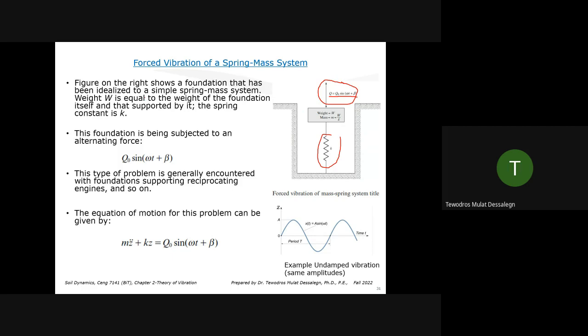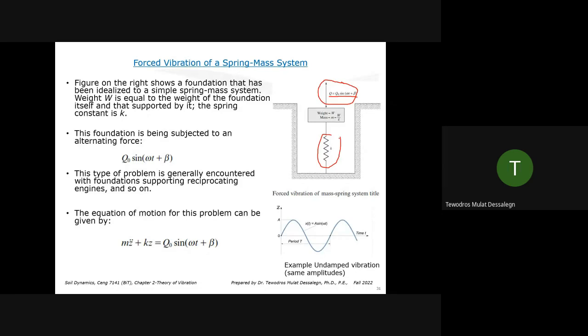The figure on the right shows a foundation that has been idealized to a simple spring mass system. Weight W is equal to the weight of the foundation itself, and that's supported by the spring. We have a spring constant K to represent, let's say, the soil. We are geotechnical, like I said before.